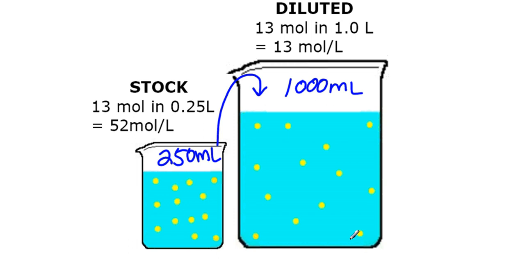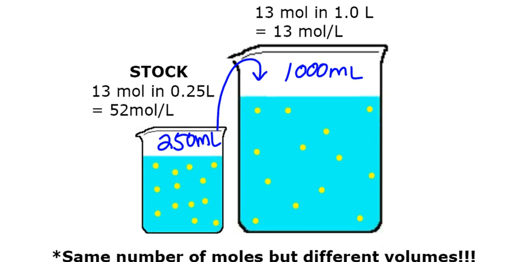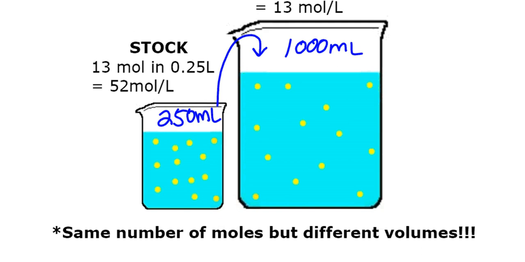Same number of solute particles, molecules, moles, but the volume is different. So this is really important to keep in mind when we're doing dilution calculations. The number of moles don't change because the same number of molecules or particles are present. It's just different concentrations because the volume changes.